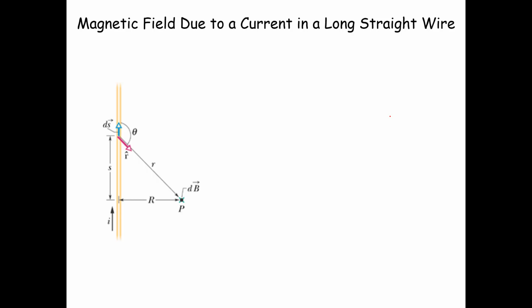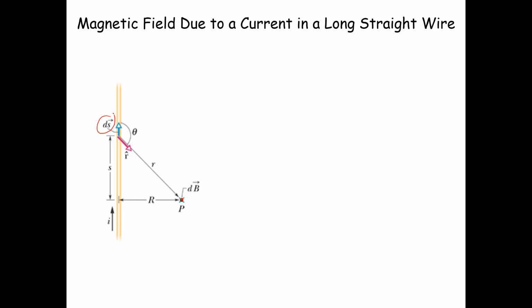If we have a very long straight wire, how do we calculate the total magnetic field at P? Here is P and the yellow one is the cable, and we divide the long straight wire into small pieces of wire like ds.